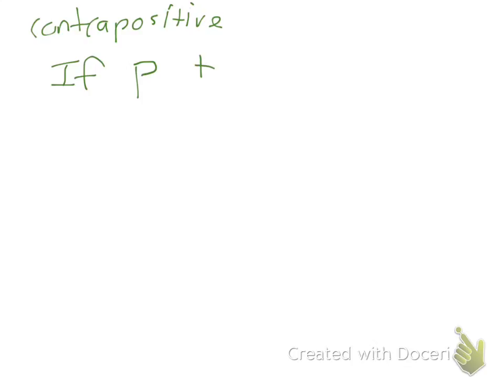You guys, our problem has another way to look at it. It's called the contrapositive. Contrapositive of the statement. Guys, the contrapositive says if P then Q. Okay? Let's just talk about this. Ladies and gentlemen, I would pay attention to this.